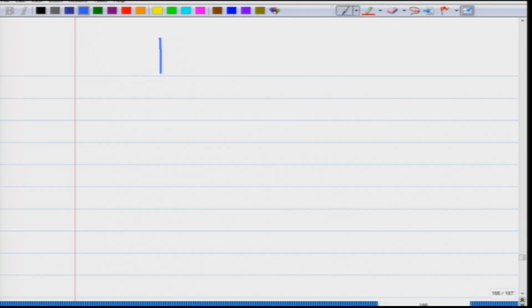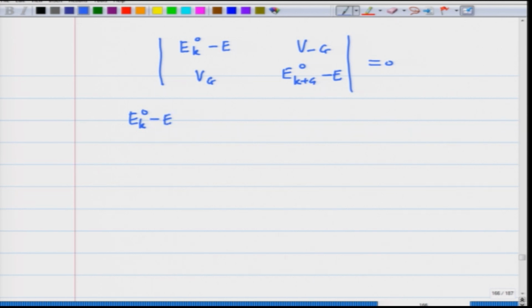So, I have to determine energy eigenvalues. E k 0 minus E, V minus G, V G, E k plus G 0 minus E is equal to 0, and this gives me E k 0 minus E times E k plus G 0 minus E minus V G times V minus G is equal to 0.